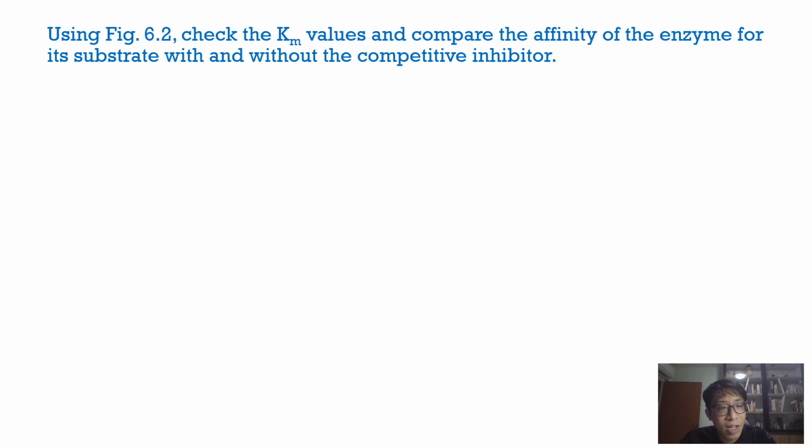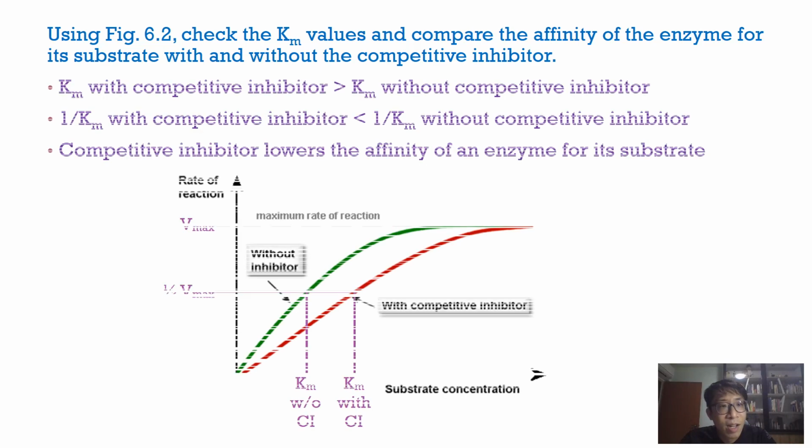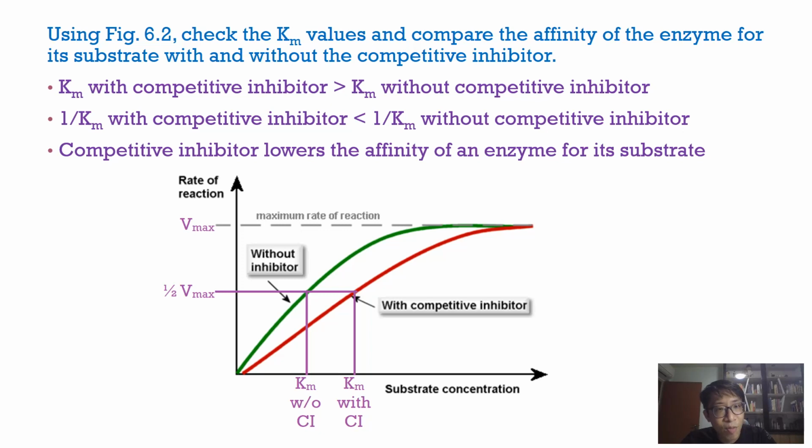Now that you have found the Km and the affinity, you should see that the Km of the enzyme in the presence of the competitive inhibitor is higher than when there is no competitive inhibitor. Affinity is given by 1 over Km. So the affinity of the enzyme with the competitive inhibitor is lower than without it, which means that the effect of the competitive inhibitor is that it lowers the affinity of the enzyme for its substrate.